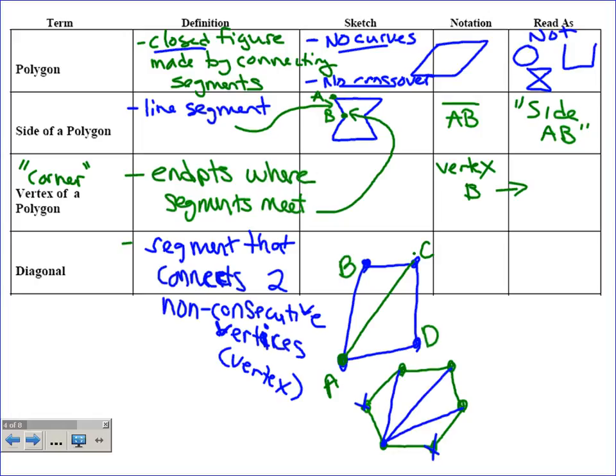You can't do the two that are right next to it, but you can do all the others. Those are the non-consecutive vertices. There's not really notation for it. These 4.